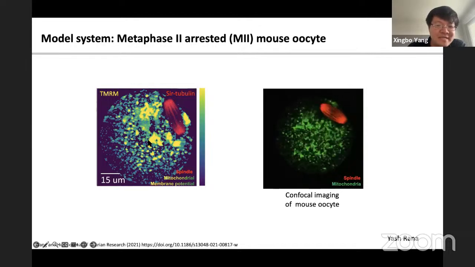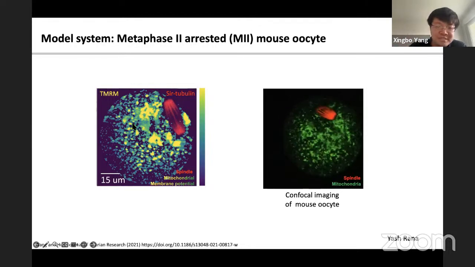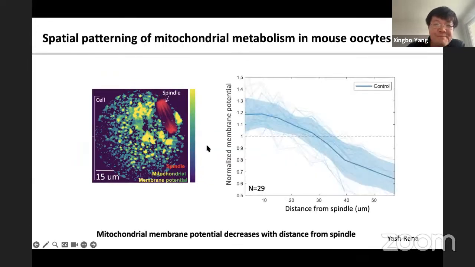Now, the first question is: is mitochondrial membrane potential homogeneous everywhere or not? To address that question, we plotted the normalized mitochondrial membrane potential from this TMRM signal as a function of the distance to the spindle, in this case to the surface of the spindle. This is the right surface of the spindle, and the TMRM signal is high there, and once you go away from the spindle in this direction, the membrane potential decreases.